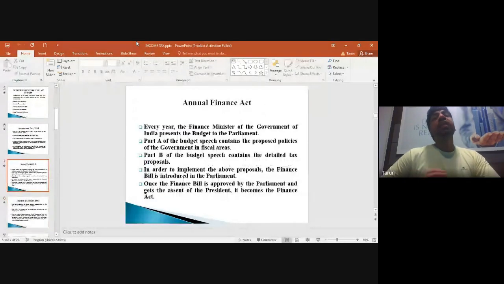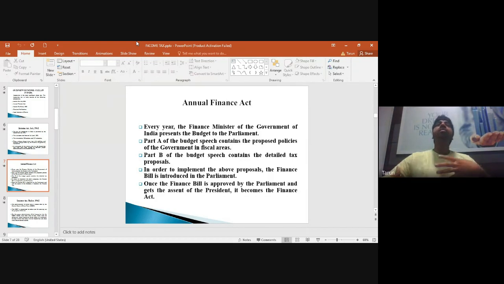The next one is the Annual Finance Act. The Finance Act is financial legislation which comes under the Ministry of Finance, and it is always framed annually. It covers various amendments and re-amendments related to excise duty, customs duty, income tax, wealth tax, and goods and services tax.